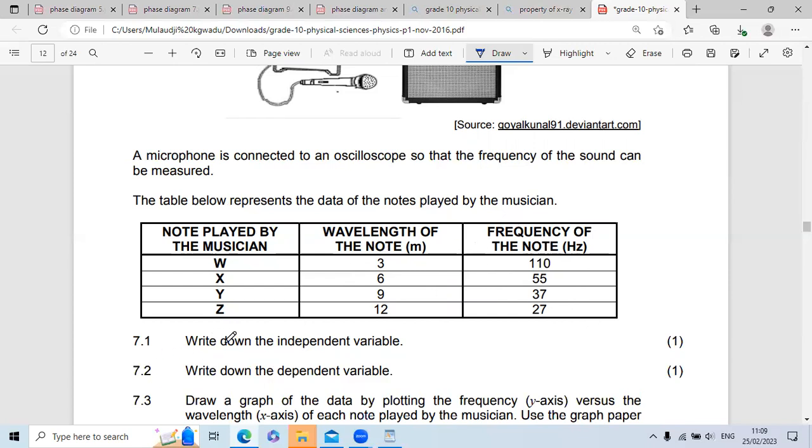Then they want you to write down the independent variable.